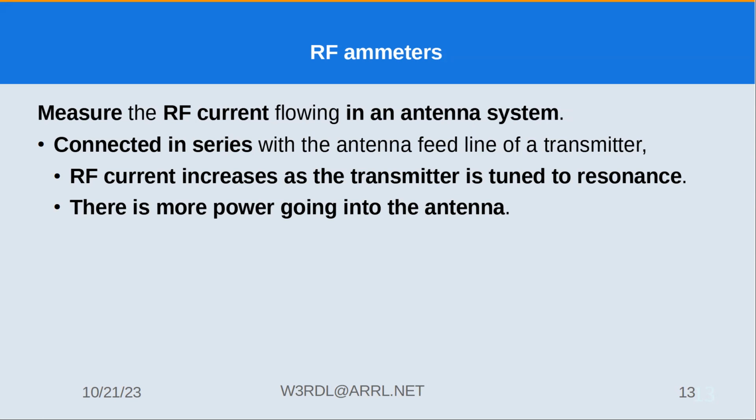So that's really all it's going to show you, the amount of current. So in this case, you would try to peak the current because it's the current squared times the radiation resistance of the antenna that actually determines how much power you're actually radiating.